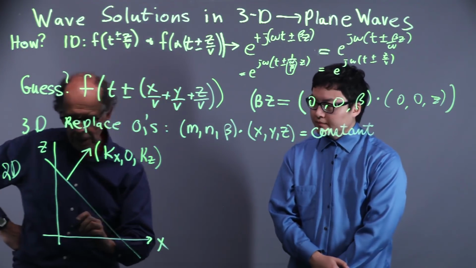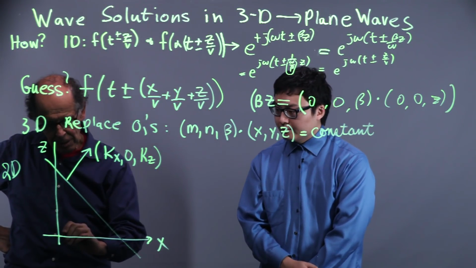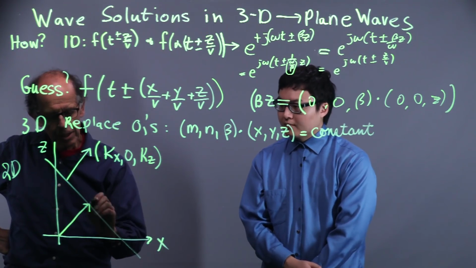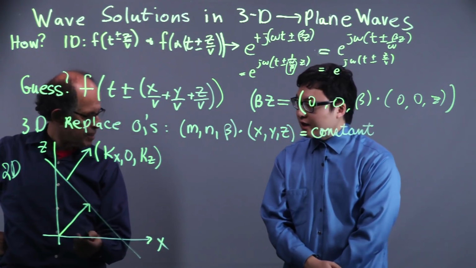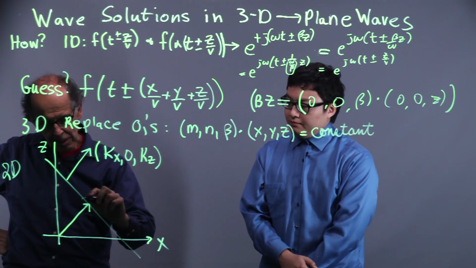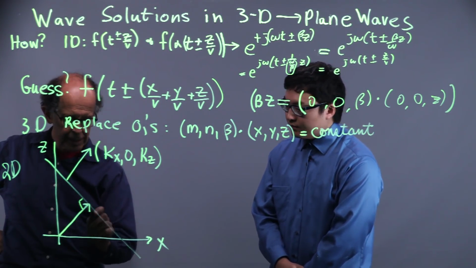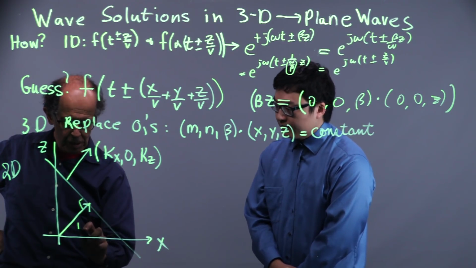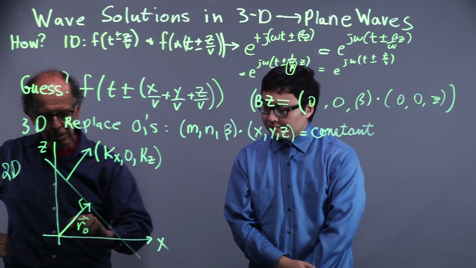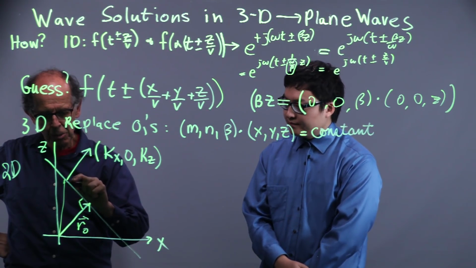And now we want to look at a particular set of points on this line. And we can define where the line could be, right? So a perpendicular vector to the line, that point there, we'll call R0. Okay. And a generic point would be over here somewhere.